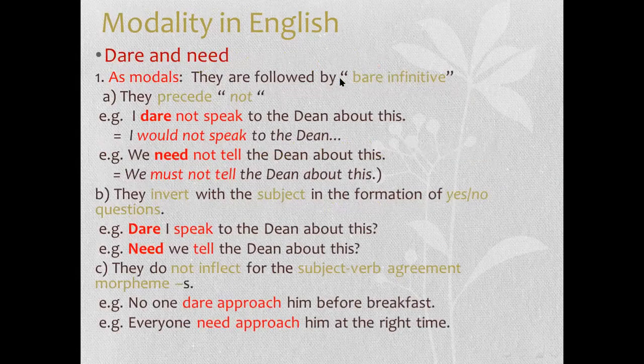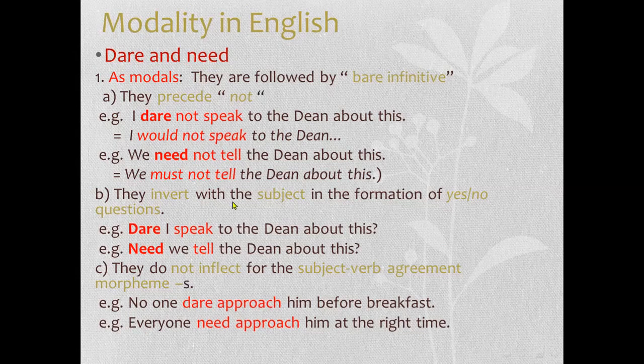They are followed by a bare infinitive, like not or proceed. I dare not speak to the dean about this. I would not speak to the dean. We needn't tell the dean about this. We mustn't tell the dean. You can see how other modals can be equated with dare and need, here given with equals.